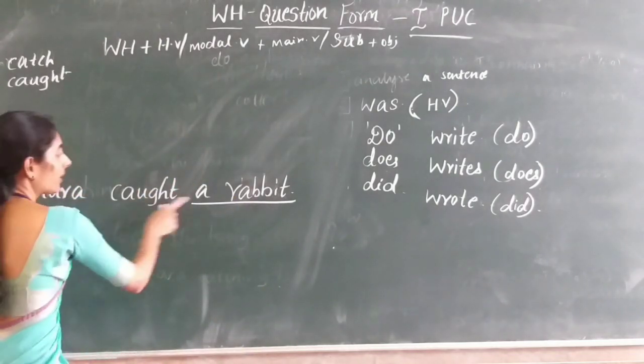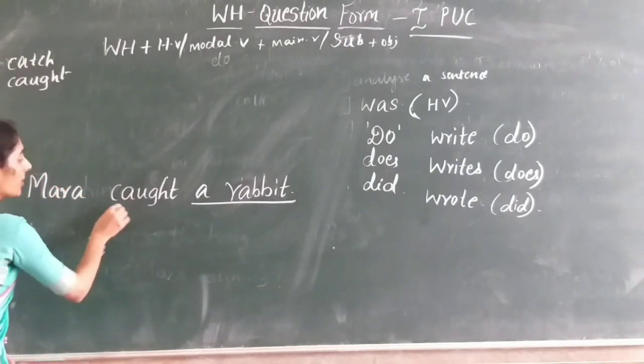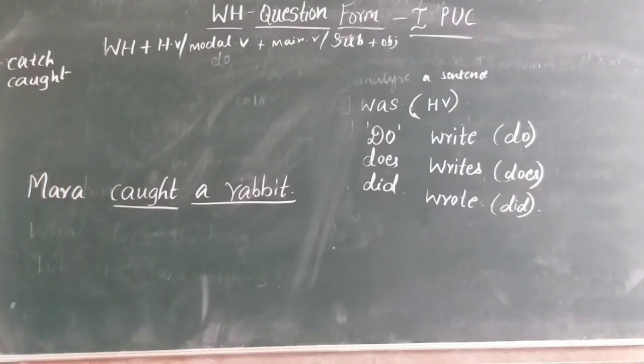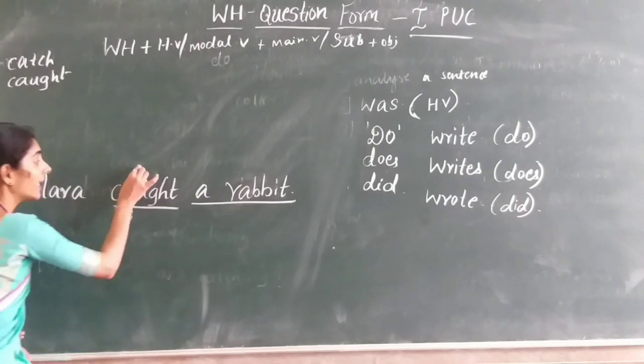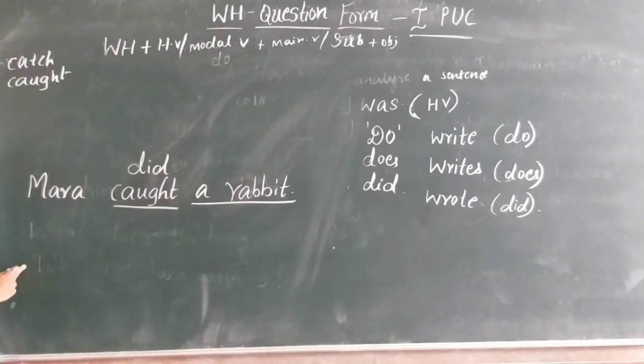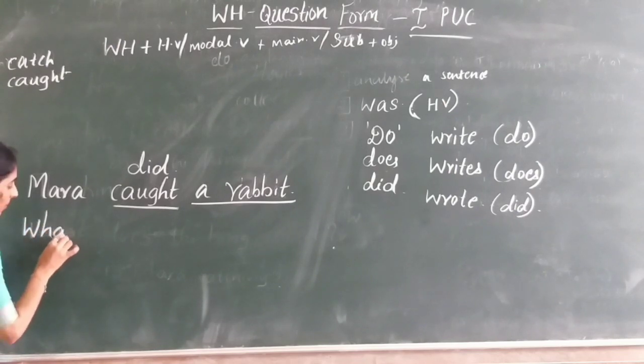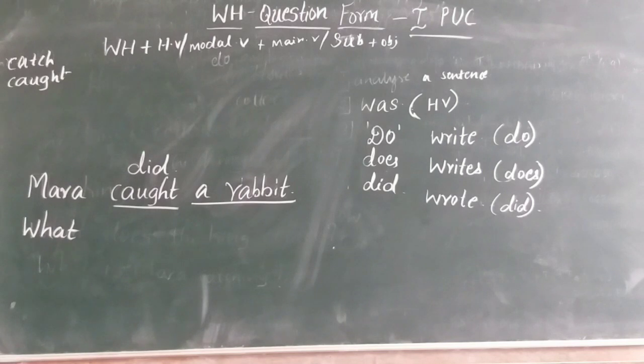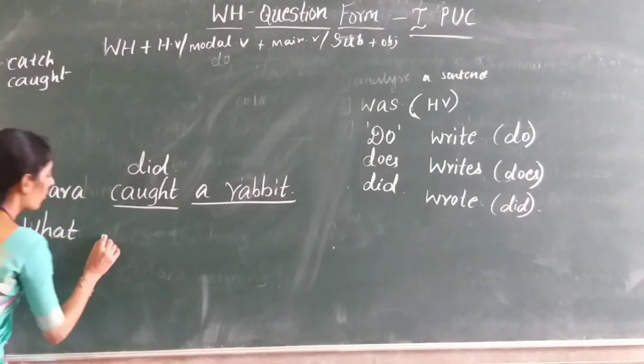So Mara caught a rabbit. So the main verb here is caught, which means that is in the past tense. So what is the right do form which is used for the past tense? That is did. Remember it, did. So now, rabbit, usually we use what, right? What, and then there should be helping verb, do form verb. So it becomes what did.